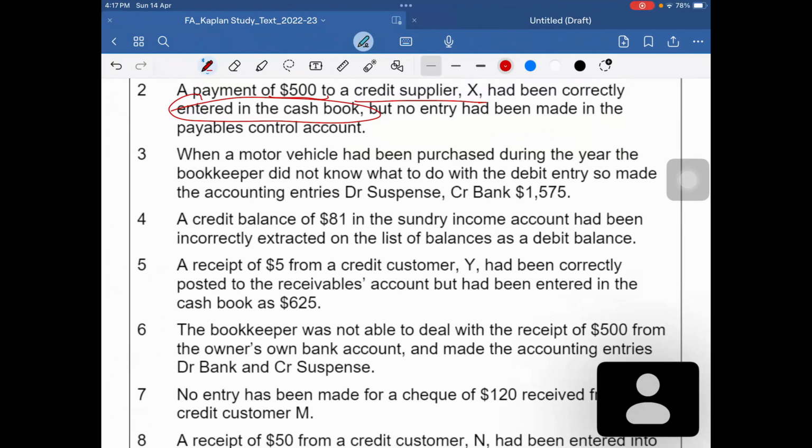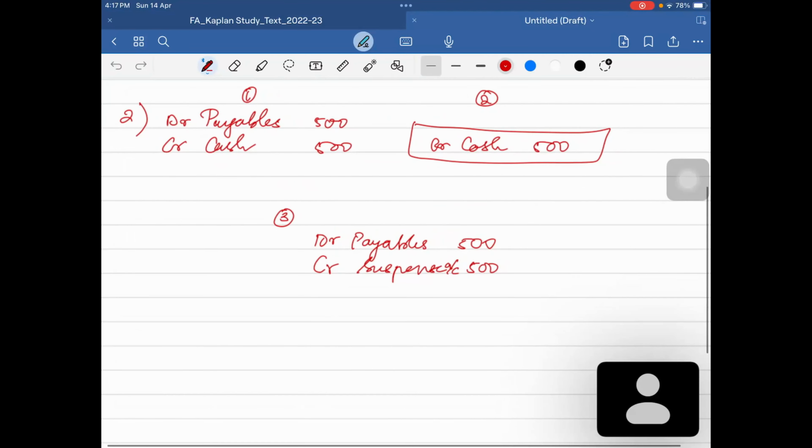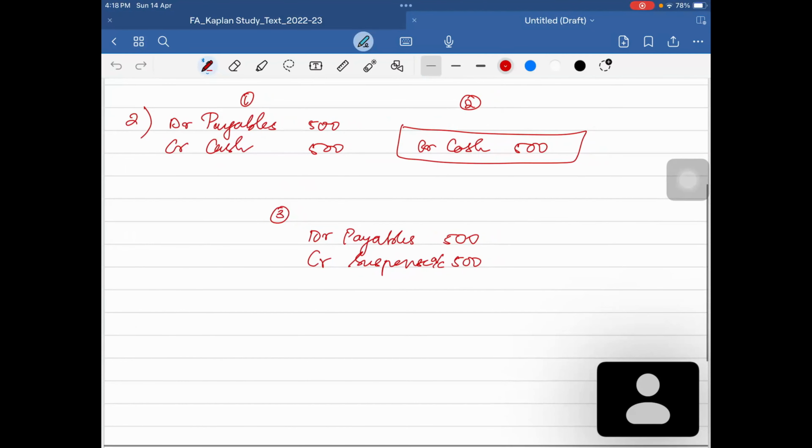When a motor vehicle had been purchased during the year and the bookkeeper did not know what to do with the debit entry, so made the accounting entries as debit suspense and credit bank, right? So what did he do? What is the original journal entry? You purchased a motorbike, right?